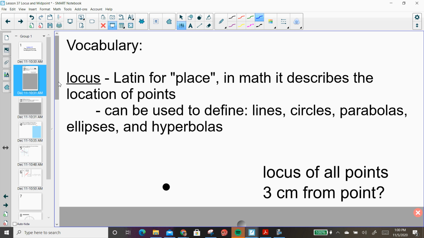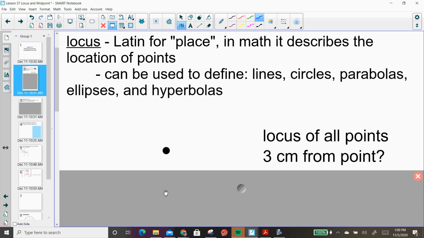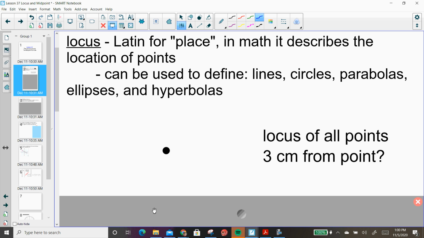You've done ones over the years where you've had a fixed point, and then you have a little device in your hand that lets you put that pointer down on the dot, and then you set a certain distance, maybe 3 centimeters, and you draw all of the points that are 3 centimeters away from that pointer on the device. What do you draw when you do that?